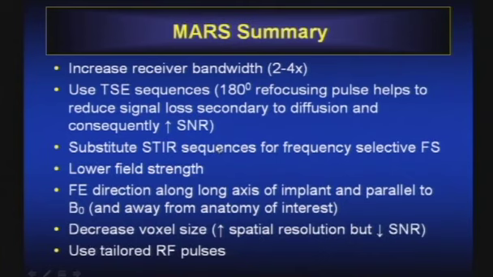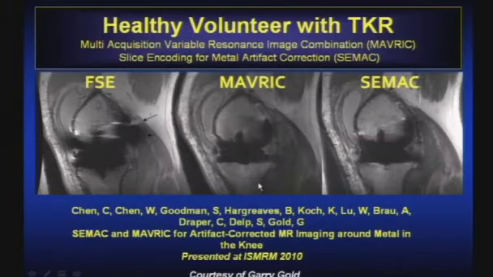Lower field strength imaging if you have it, certainly not on your 3 Tesla scanner. And if you have access to 0.2 or 0.5, send them there. You can flip phase and frequency to help you manipulate the artifact and see different areas of the tissue. You're going to decrease voxel size, and you can use some tailored RF pulse sequences if you have access to them. And let me show you a few.